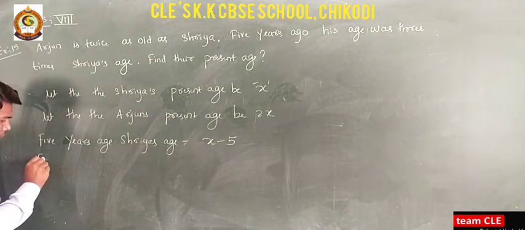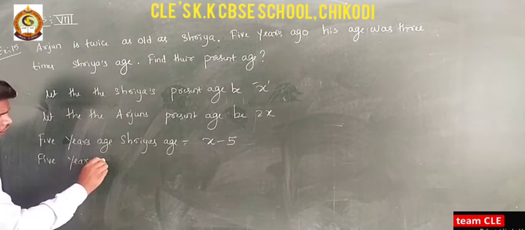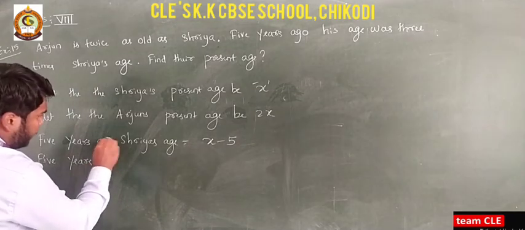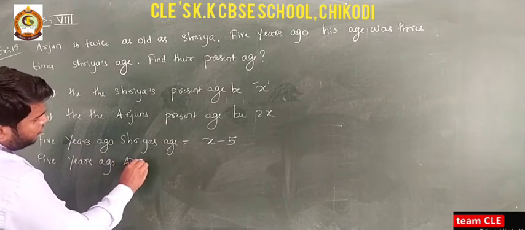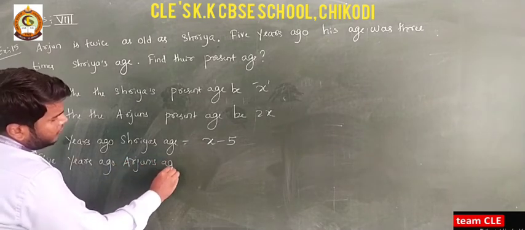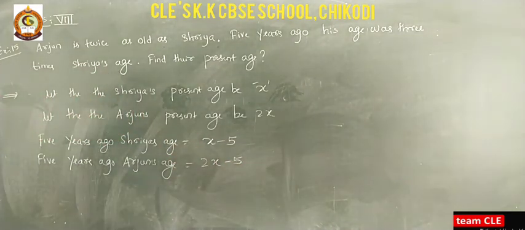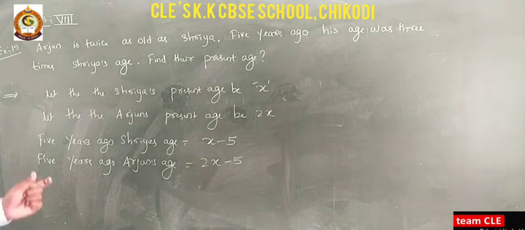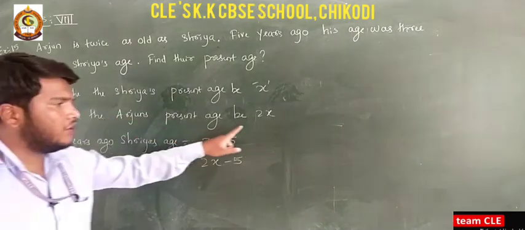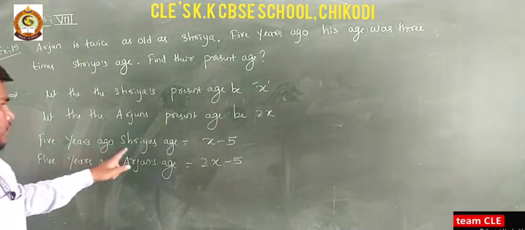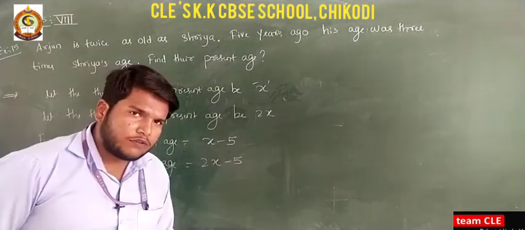And 5 years ago Arjun's age was 2x minus 5. So this is the given information. Shreya's present age is x years, Arjun's present age is 2x, and 5 years ago Shreya's age is x minus 5 and Arjun's age is 2x minus 5.